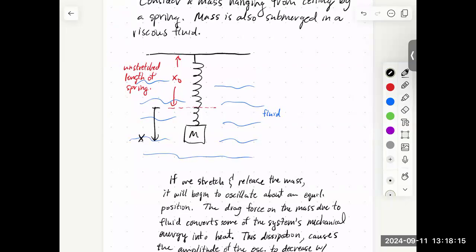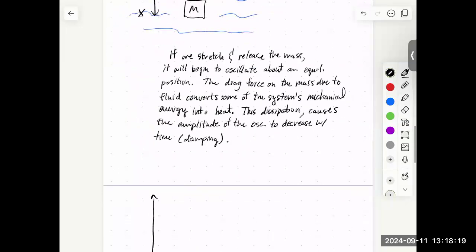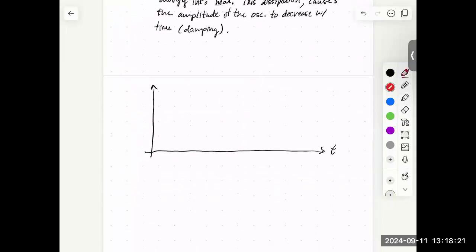So what we would imagine seeing then is some kind of damped oscillations, which eventually die out. Okay, and so this is the x, it's the position of the mass.